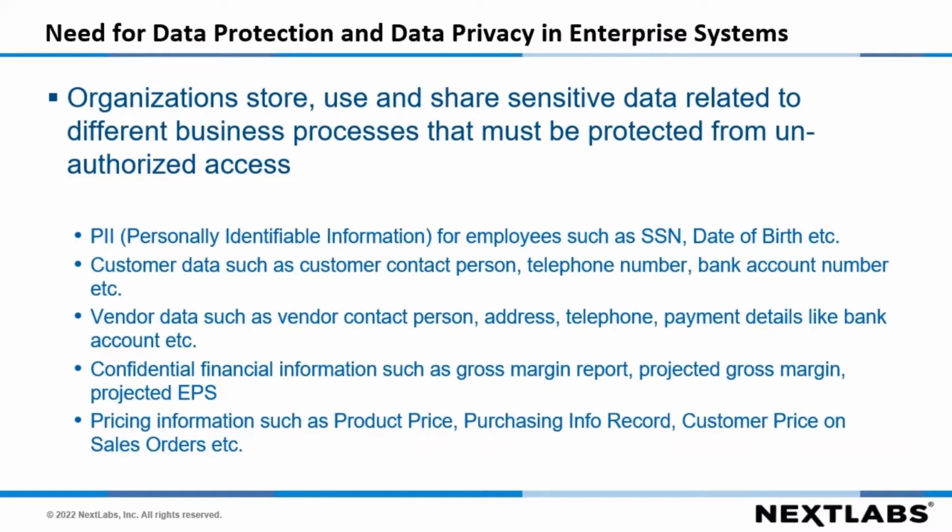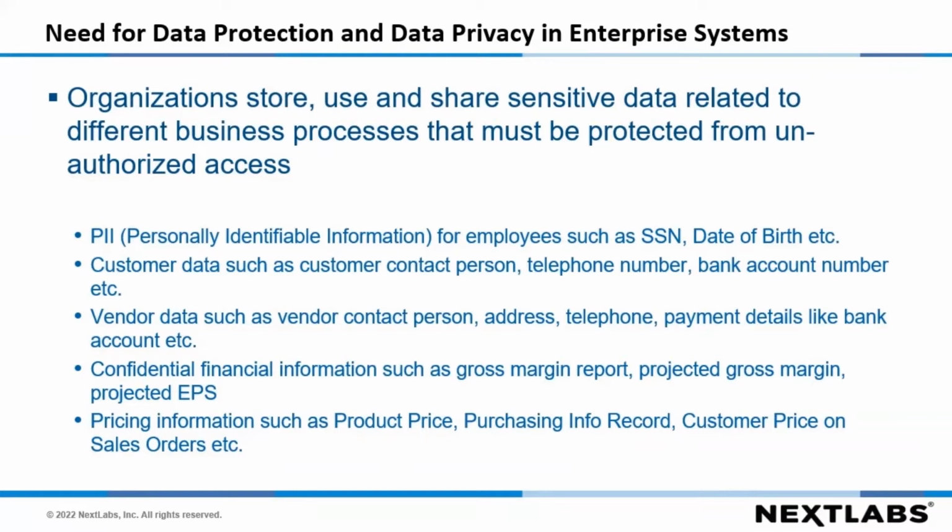There's trade secrets like customer data, vendor data, and supply chain information that give an organization a competitive advantage. And then there's also confidential financial information such as profits and losses, sales orders, and bank account information. All of this needs to be protected.